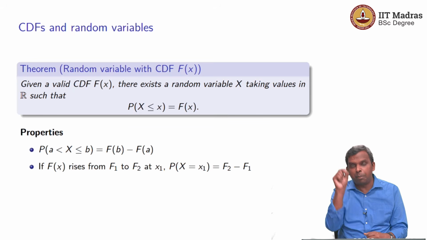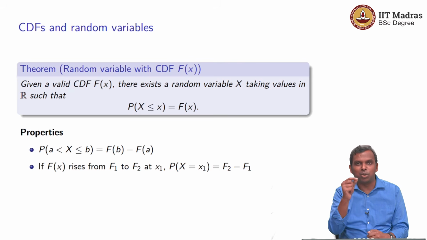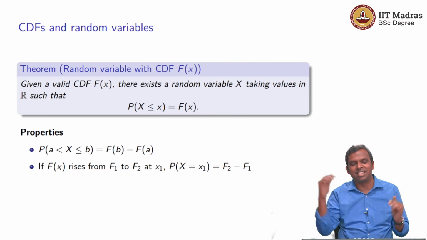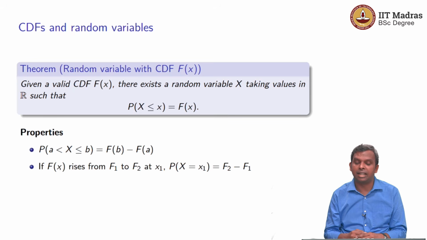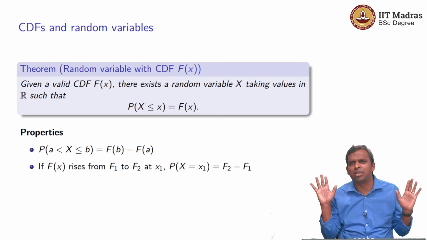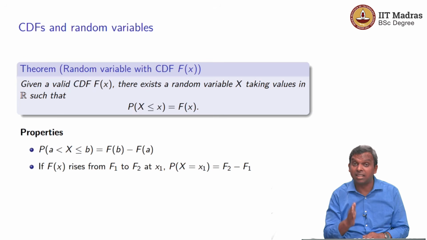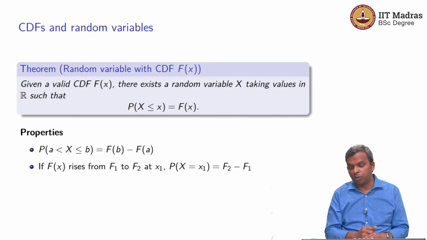So if there is a jump in the CDF, then the probability that X equals that value is the magnitude of the jump, how much you jumped by, right? You can only jump up, you can't jump down. It's an increasing function, okay? So that's the first result about the probability that X takes a particular value. X falling between two values is just a difference, you know how to do it. But what about X equal to a particular value? If there is a jump, it's equal to the magnitude of the jump.